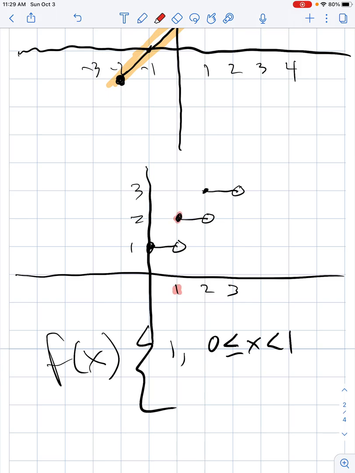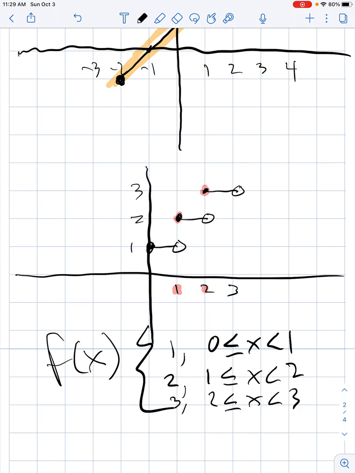When x is 1, it jumps up to 2. So when x is 1, again, I have to have greater than or equal to: 1 is less than or equal to x, which is less than 2. And again, notice when it hits 2, it jumps up here. And then when x is 3, again, very similar.